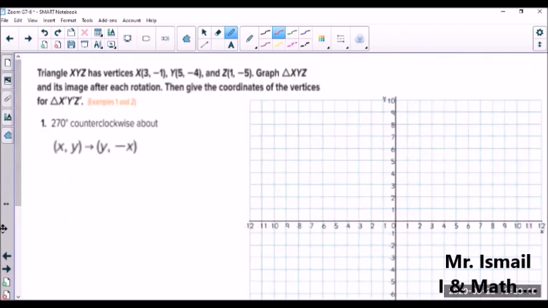I have this one. I have this triangle. Let's plot the points: 3, -1; 5, -4; and 1, -5.